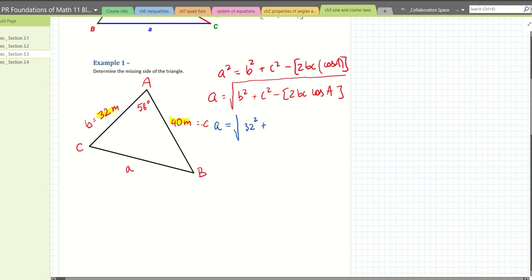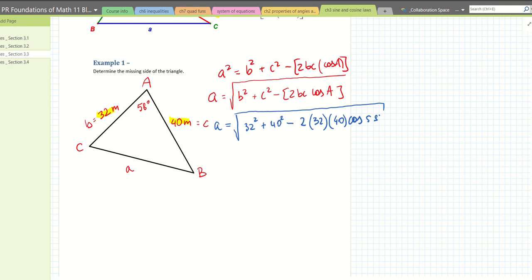C is 40, so it's 40 squared, minus 2 times b, which in this case is 32, times c, which is 40, times the cosine of angle A, which is 58 degrees. So all of this is going to get square rooted.